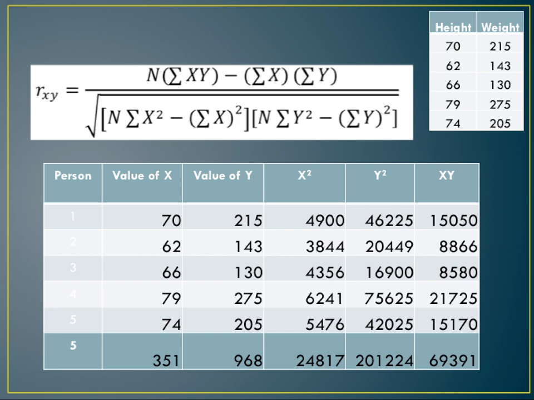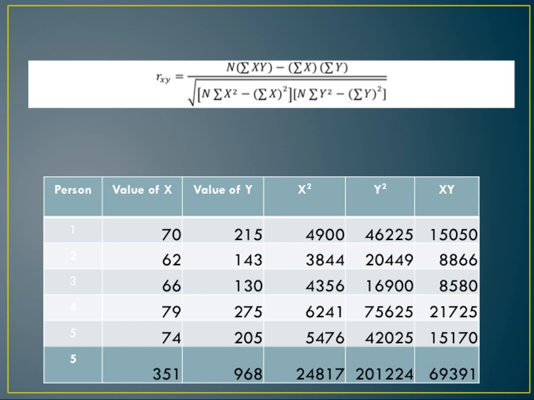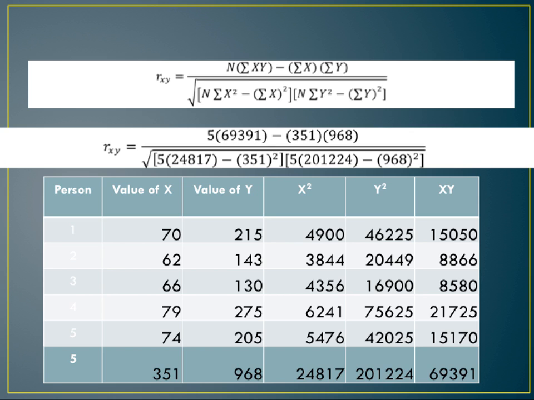Once you've done this, you are just going to plug and chug, plug these values into the equation in the appropriate place. So we have our equation, we have our chart. Well, we're just going to plug it in. We have 5 people, 5 rows of data, so we have 5.